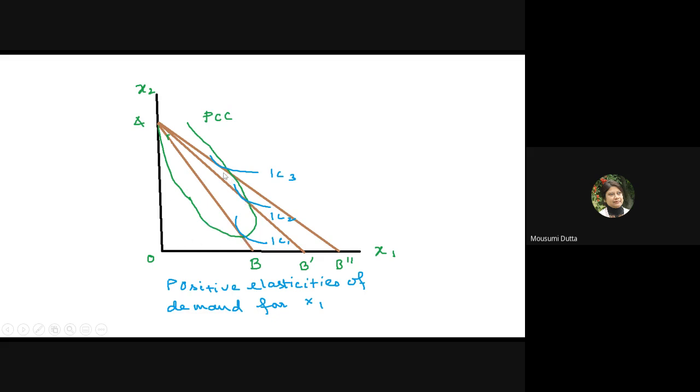If you drop the perpendiculars, we find that as the price of X1 is falling, consumption of X1 is also falling. What is the interpretation of this case, ma'am? Positive elasticity of demand for X1. Okay, positive elasticities of demand for X1.